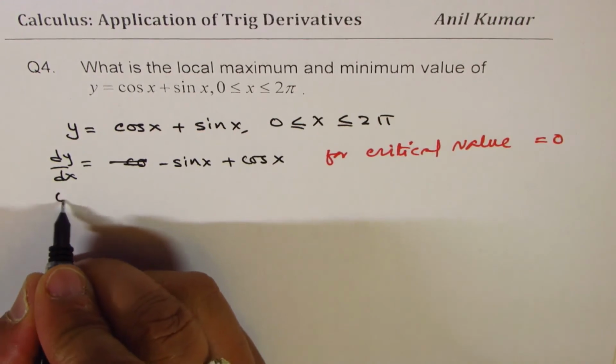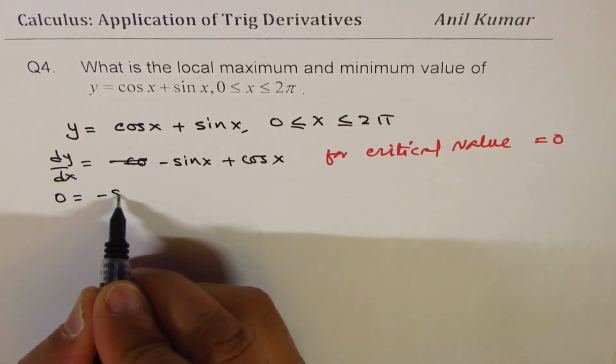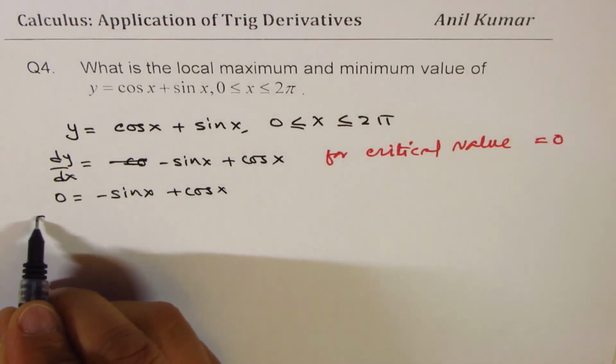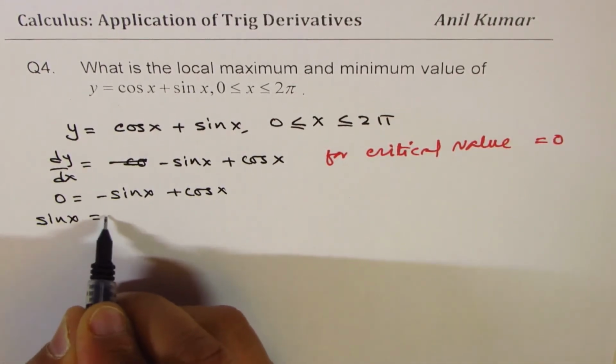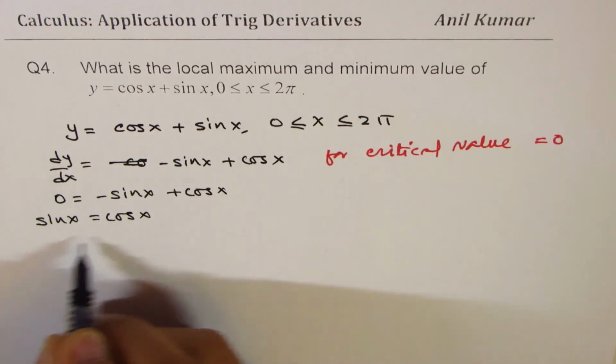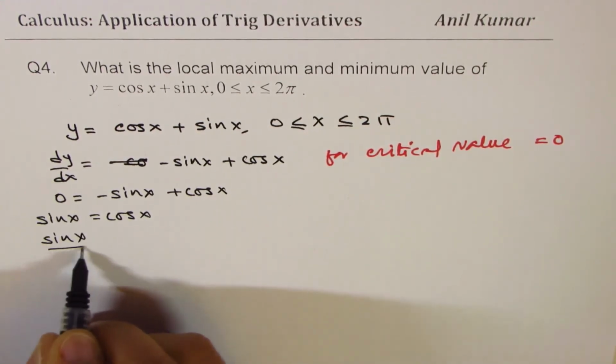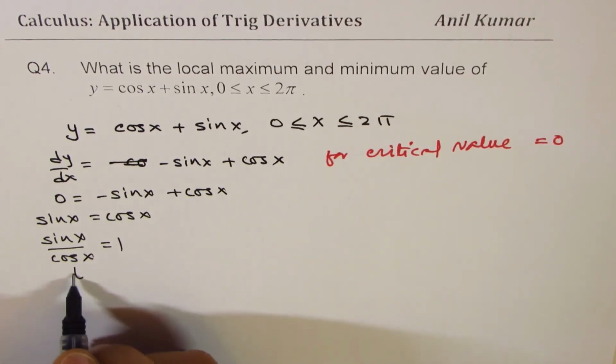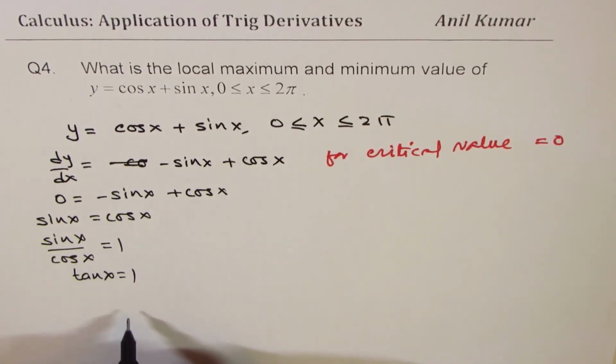So we say 0 equals minus sine x plus cos x. Sine x equals cos x, or when you divide, sine x divided by cos x equals 1. So that gives you tan x equals 1.